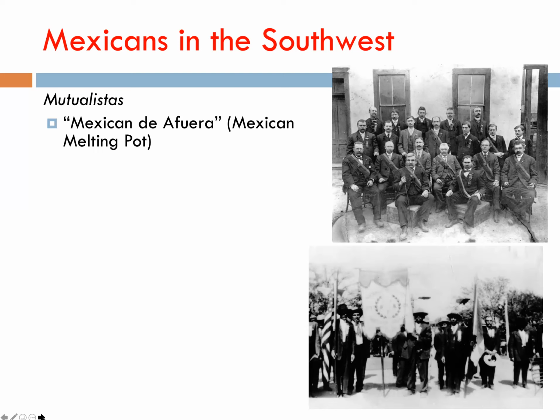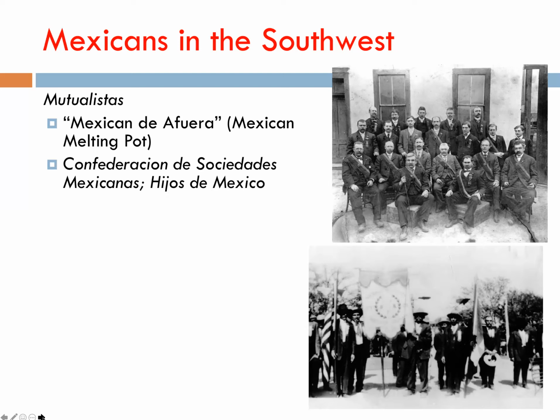They become friends on this side of the border. Their organizations, the mutual aid organizations, reflect the cultural background, right? Confederaciones de Sociedades Mexicanas or Hijos de Mexico. Their identity is directly linked to the mother country.